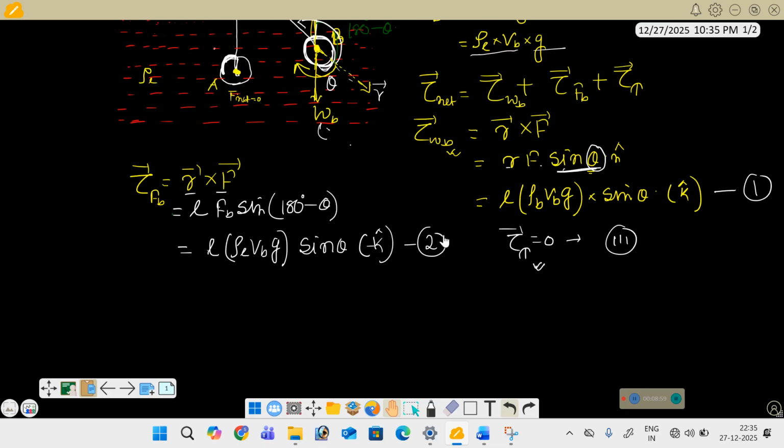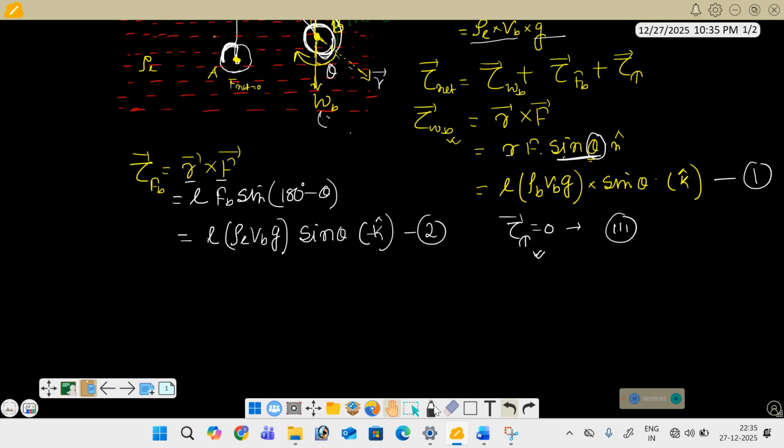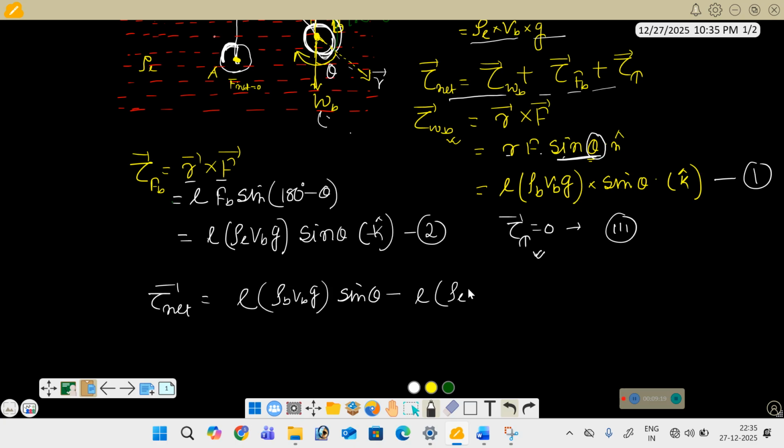Now if we put this in the net torque equation, tau net individually, we will get L rho b Vb into G sin theta minus L rho L Vb G into sin theta k cap, right?